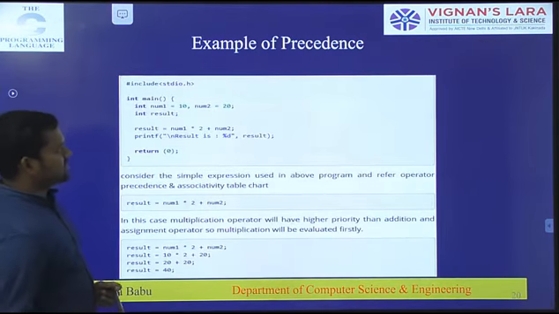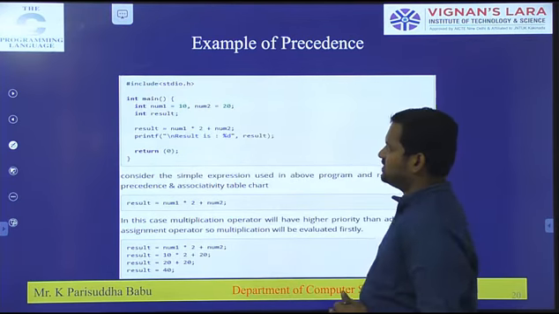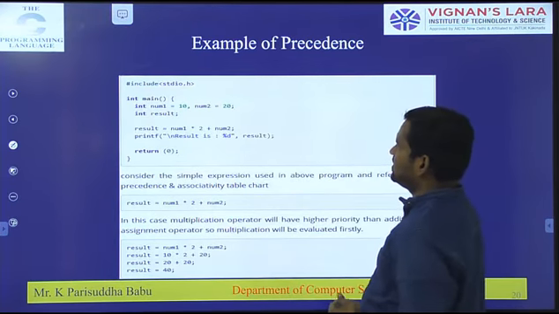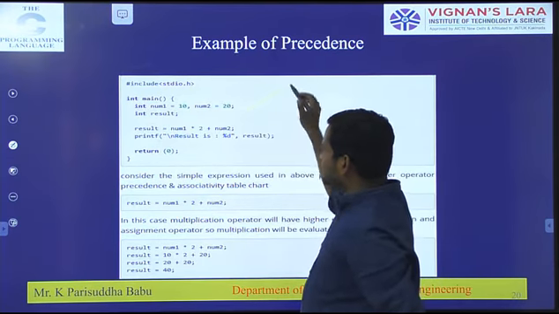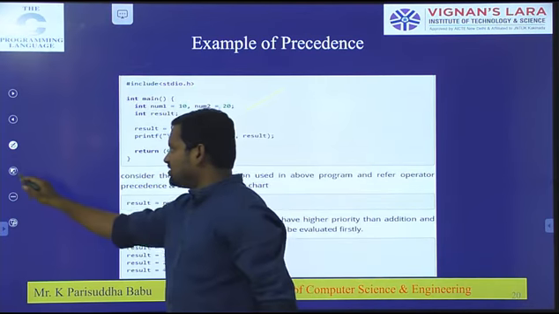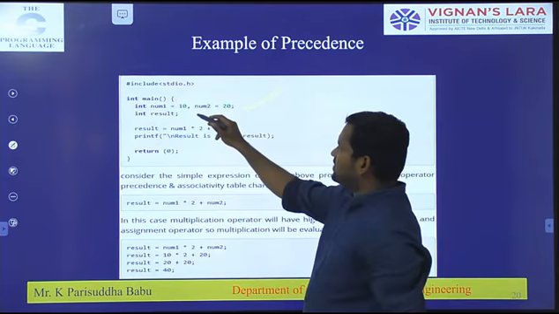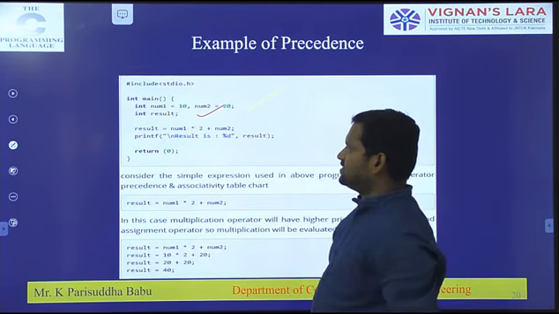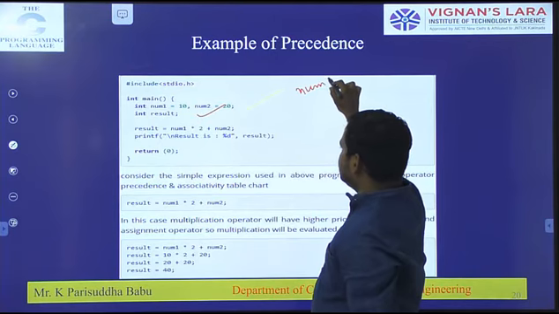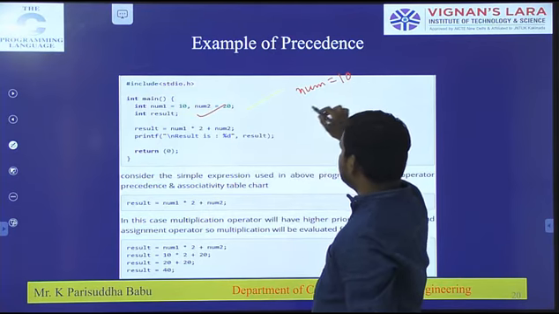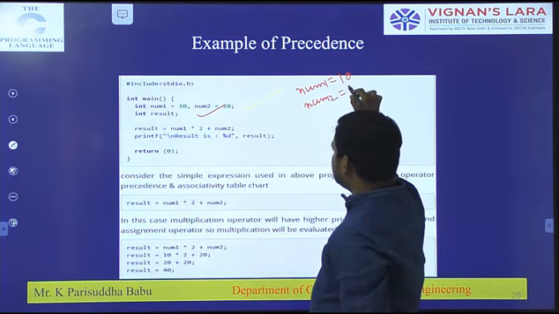So, an example of precedence and associativity. In this example, num and num2 with values 10 and 20 have already been declared, and the result variable is also declared. num is equal to 10, and num2 is equal to 20.